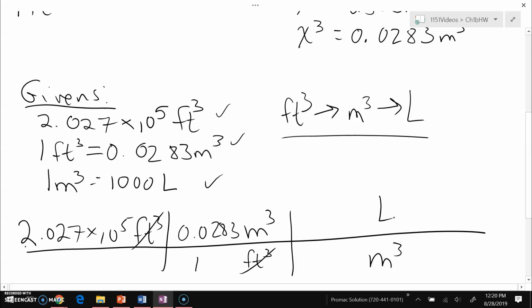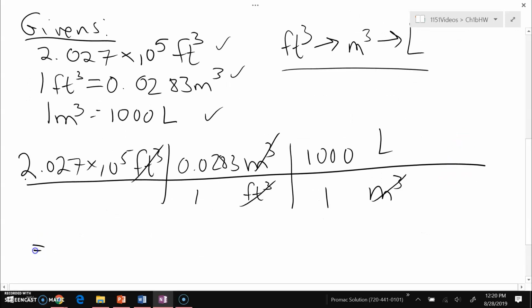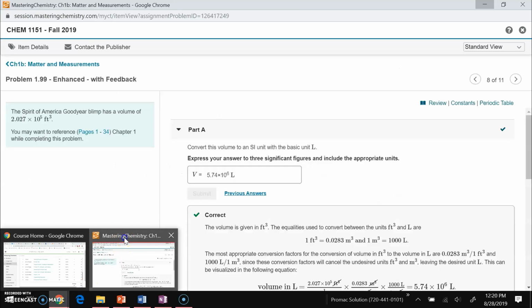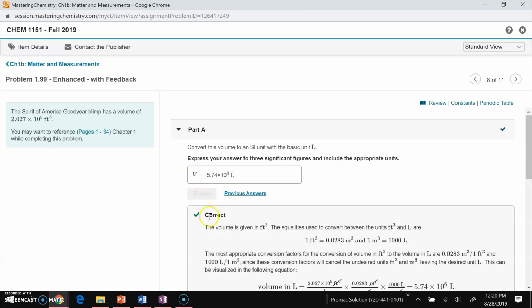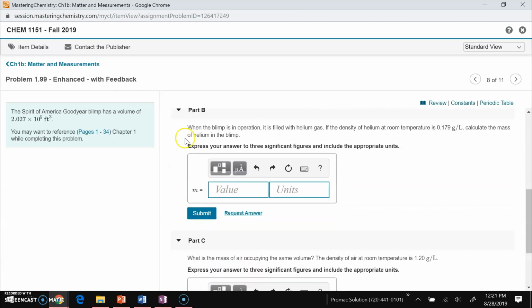Like I said, you can go to kiloliters and then to liters, but I'm just doing one step here. That is what the homework will show you if you ask it to help you through it. Meters cubed cancels, leaving me with liters. So you should get the answer 5.74 times 10 to the 6th liters, which I already put in, and it showed me it was correct. It says, yay, correct.